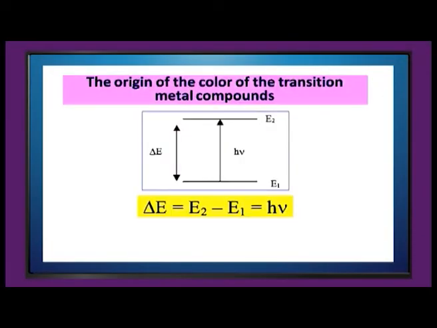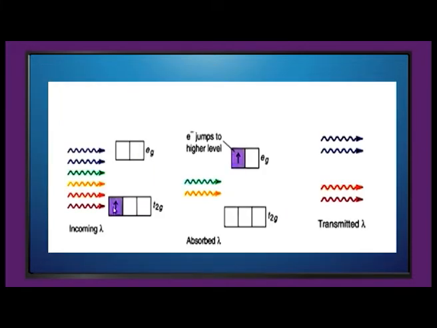As I told you, when an electron of an atom absorbs energy, it gets excited to a higher energy level. But the absorbed energy comes under ultraviolet light. This is why most of the compounds made by main group elements are colorless. According to crystal field theory, in the presence of a ligand field, d orbitals break into different energy levels.